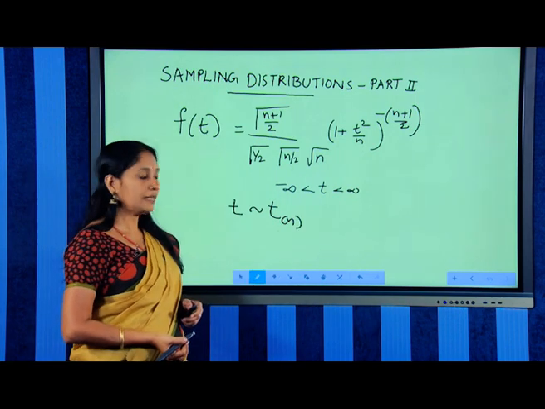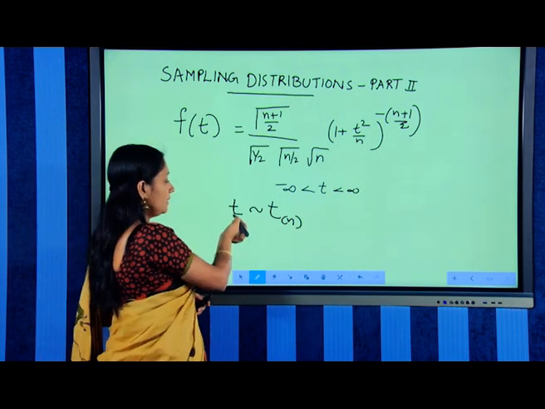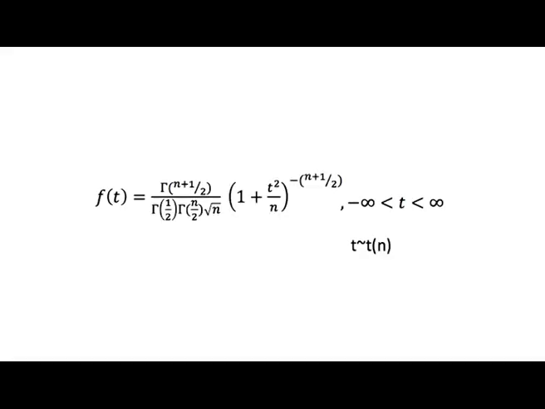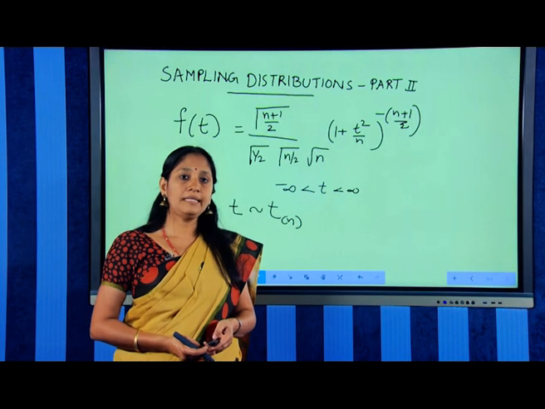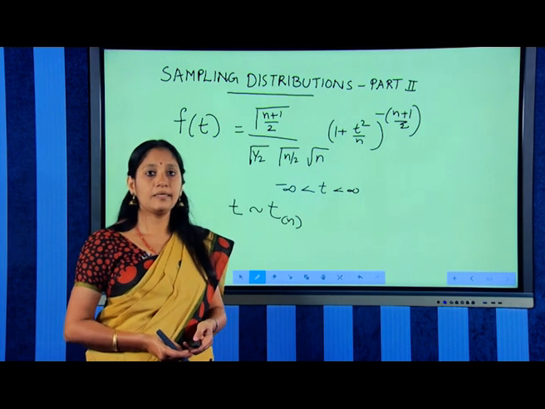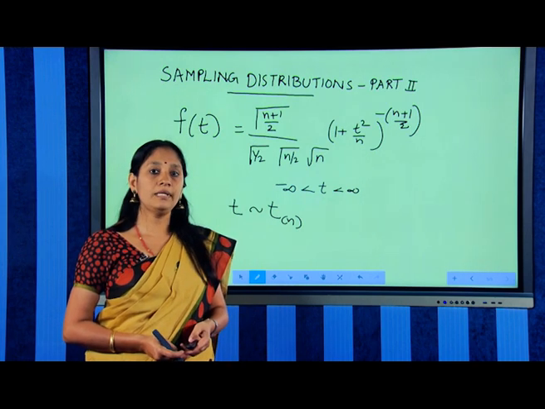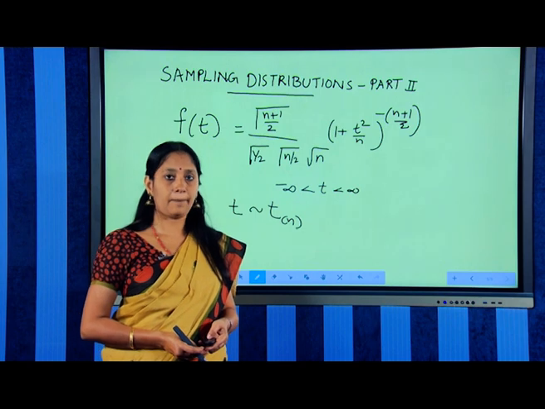Since it is a sampling distribution, we consider this as the distribution of a statistic, and here t is denoted as the statistic. Next, let us consider a statistic whose distribution follows Student's t distribution.